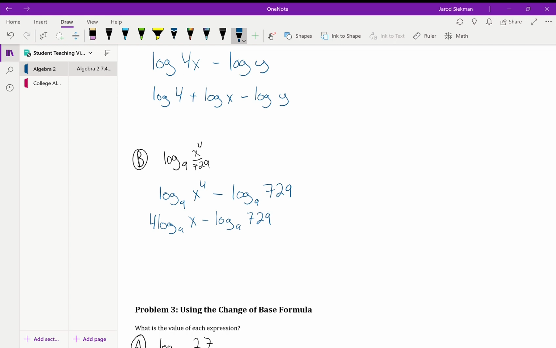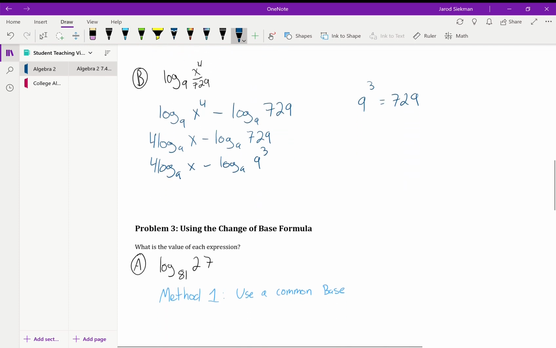There's one more step. 729 is actually 9 cubed. So we can rewrite this as 4 log base 9 of x minus log base 9 of 9 cubed.